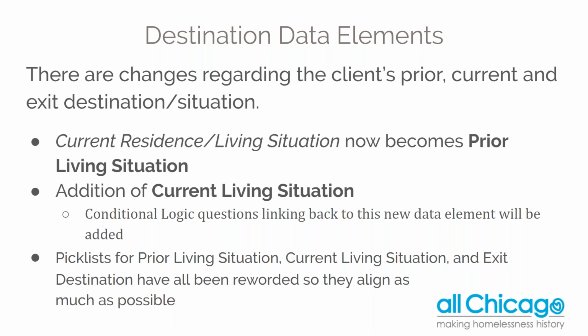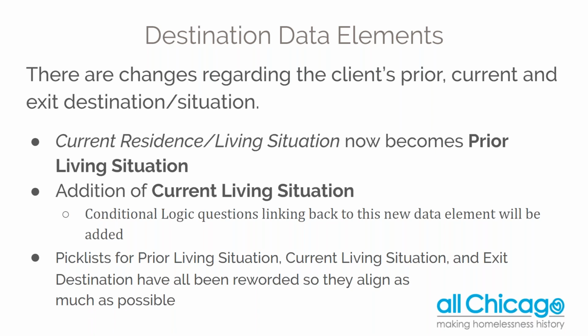Now the wording is going to reflect what they're actually asking. So that's changing from current residence/living situation to prior living situation. And again, prior living situation is going to be asking, where was a client the night before they entered your project?